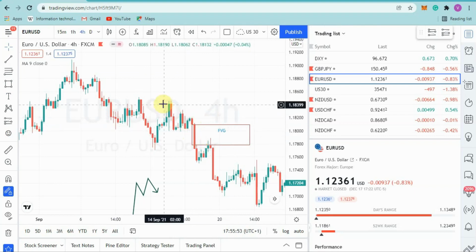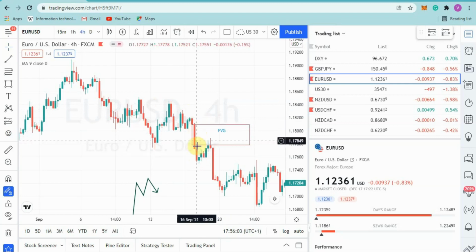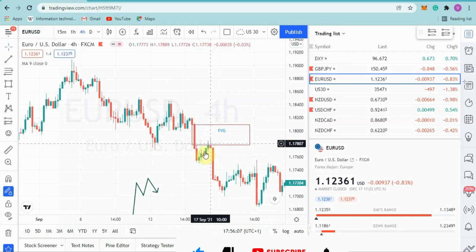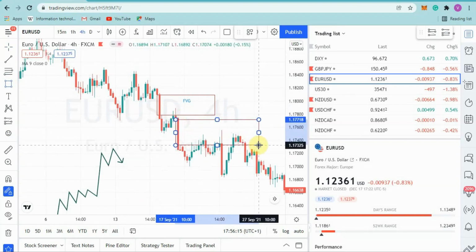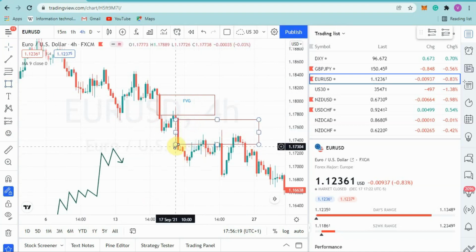Okay, so the market came here and moved super fast and quite a distance because there was so much selling pressure that just came in all of a sudden. So we saw the market come back to that region before moving down again, and once again we see another FVG, or fair value gap, right here.